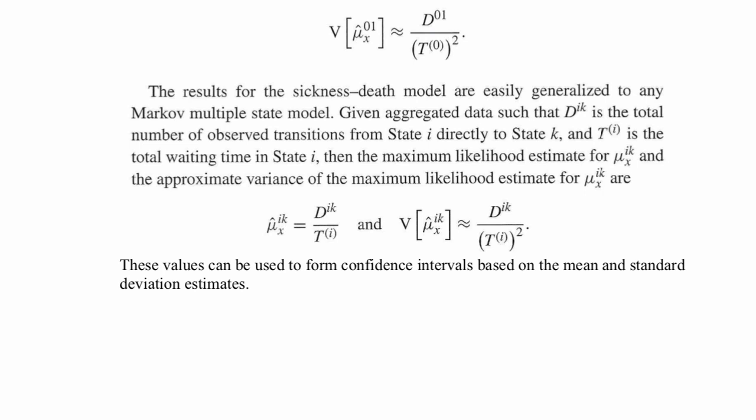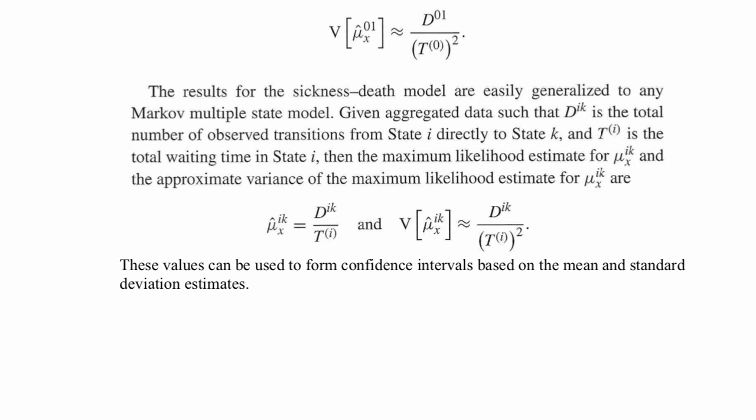Then the maximum likelihood estimate for mu_xik is d_ik over t_i, and the approximate variance of the estimate is d_ik over t_i squared.